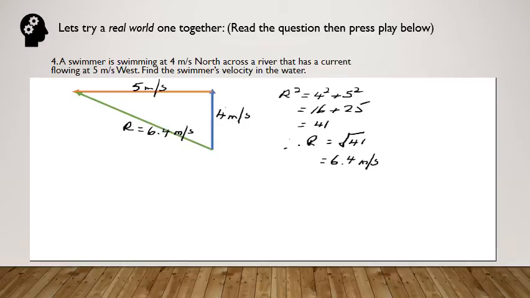Now, using a little bit of trigonometry, we can solve for the value of theta, find the angle that that resultant vector is making, and that's that angle in there. So if we use sine, the sine of theta is equal to the opposite, which is 5, over the hypotenuse, which is 6.4.